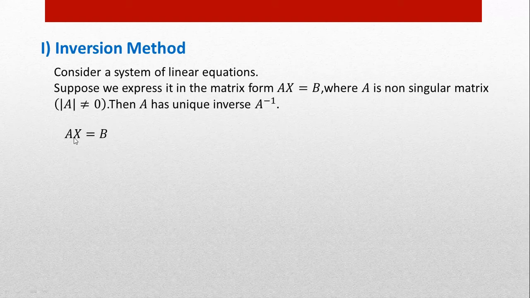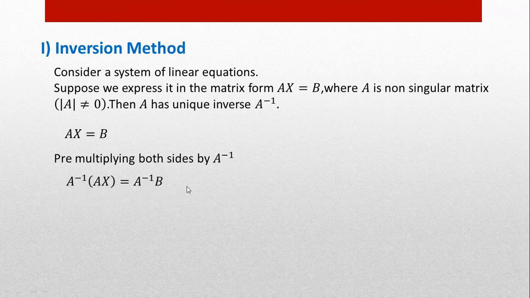See here, suppose you write the matrix equation like this: Ax is equal to B, as we have discussed just now. Now to solve this equation to get the values of unknowns, if we pre-multiply both sides by A inverse, then see what you will get. A inverse into bracket Ax, pre-multiplication.